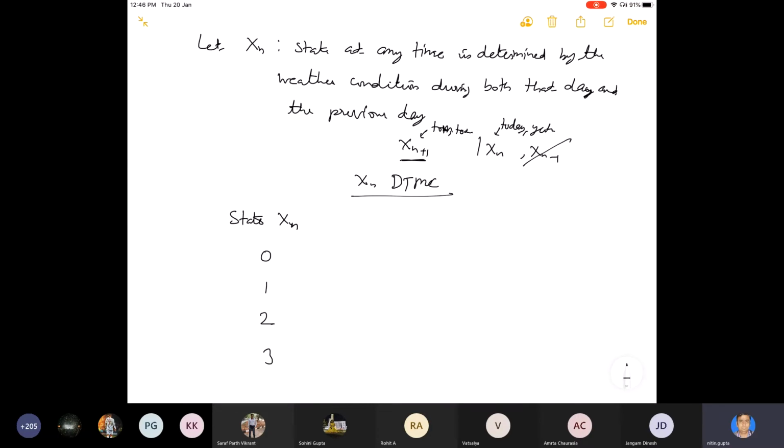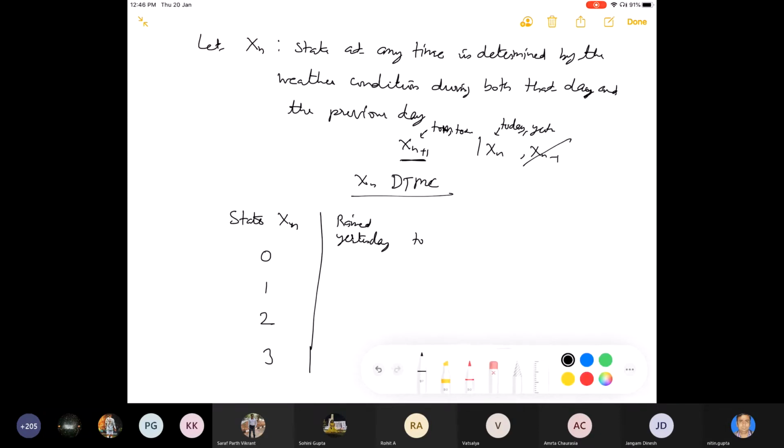If it rained yesterday and rained today, that is state 0.